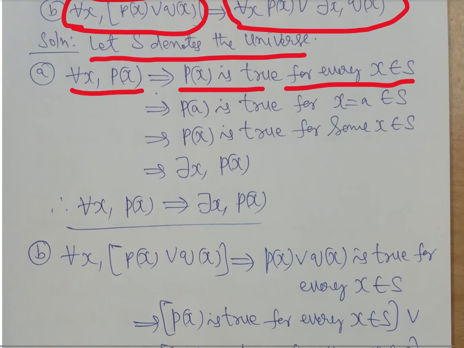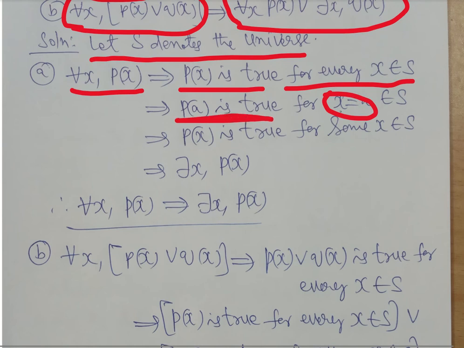When P of x is true for every x belonging to S, I can say for some A, that is x having that value A, P of A is also true. I am just replacing x by A, because x can be any value belonging to S, and if I give some value for x, say A, then P of A should be true.